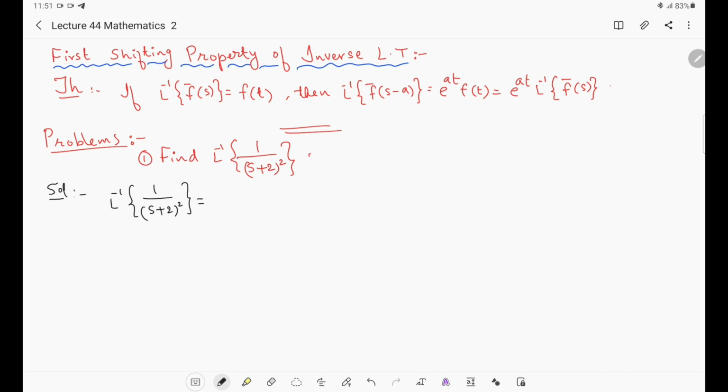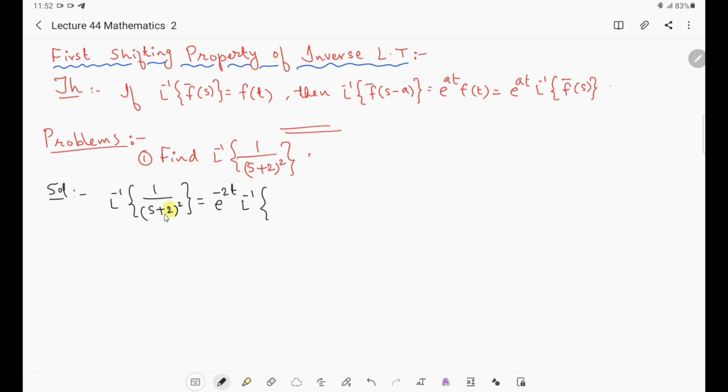What are we supposed to do? This 2 is there, no? Actually it is the f bar of s minus a form, so minus is becoming plus because a is minus 2 now. So we will get e power minus 2t, then the remaining Laplace inverse of, see what is happening now, f bar of s minus a is becoming f bar of s.